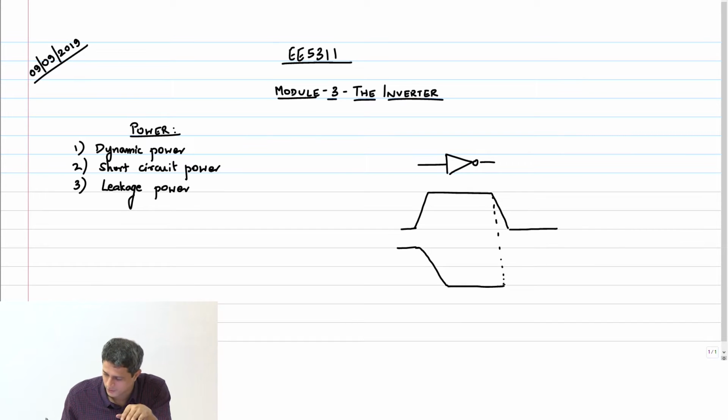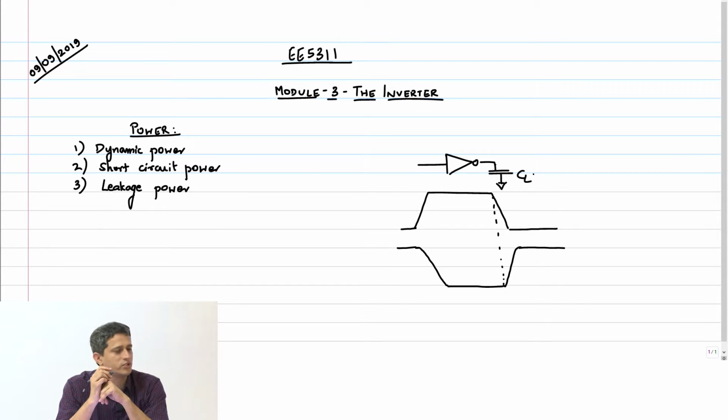Leaving all the second order bumps that I spoke about earlier, it would look like this. And in the process, you would have a capacitor that is being charged and discharged, right? Each time the output rises and falls.